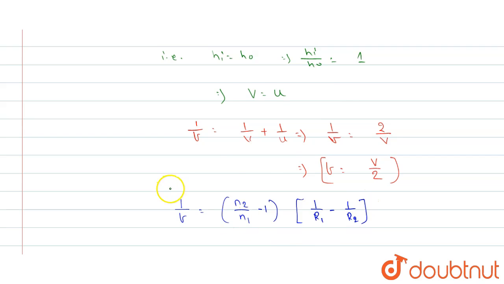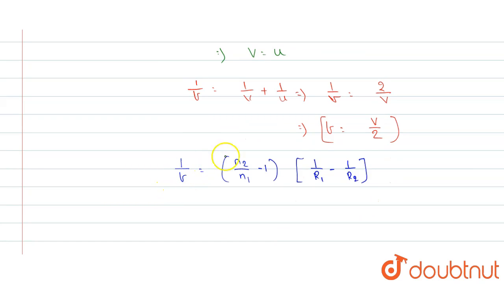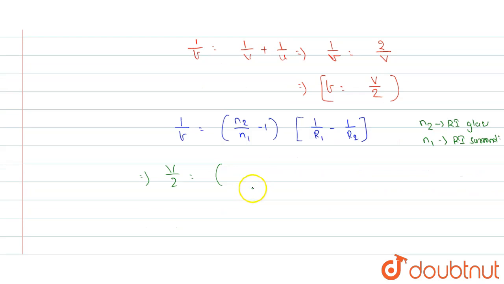Here N2 is the refractive index of glass, and N1 is the refractive index of the surrounding.